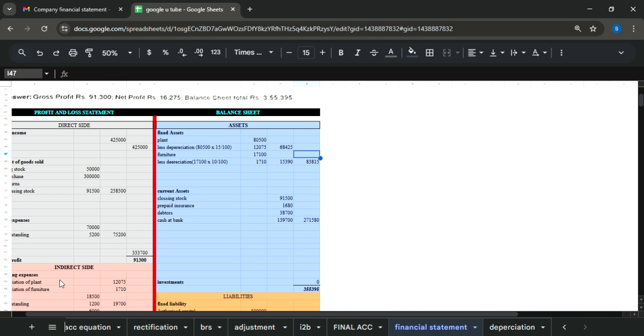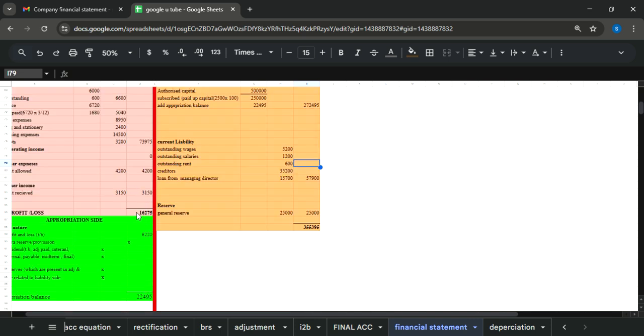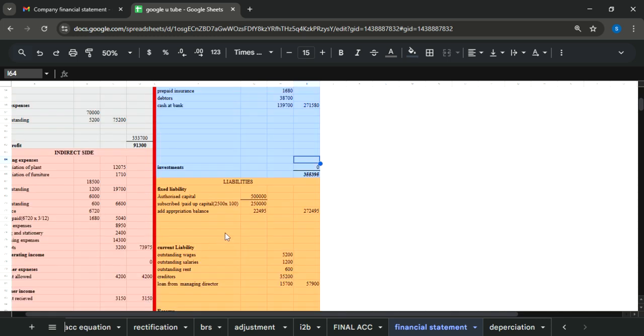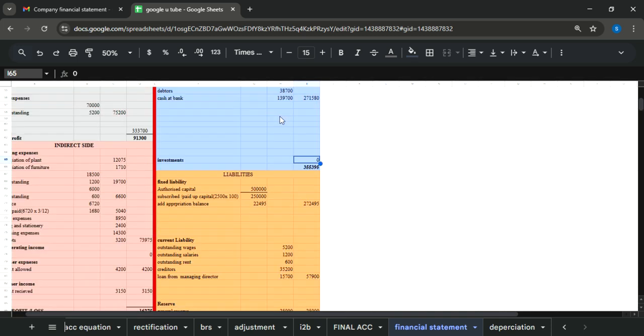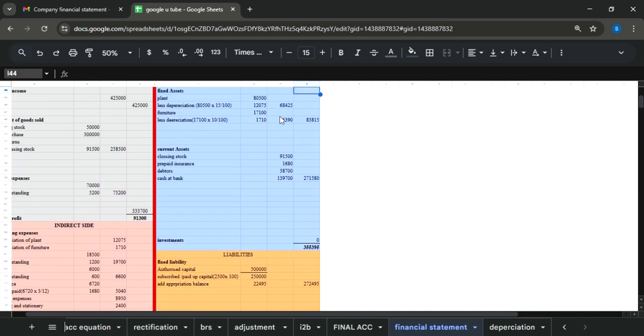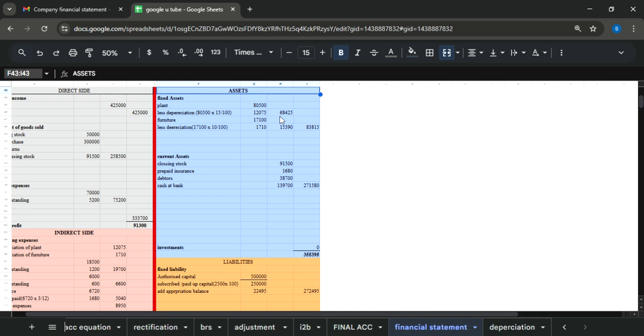Then the indirect side was started where we calculated net profit. After which the appropriation side where we calculated the appropriation balance. This appropriation balance was transferred to the liability side and we completed our liability side, and then the asset side was completed as well. In this way, this much working has been done today.